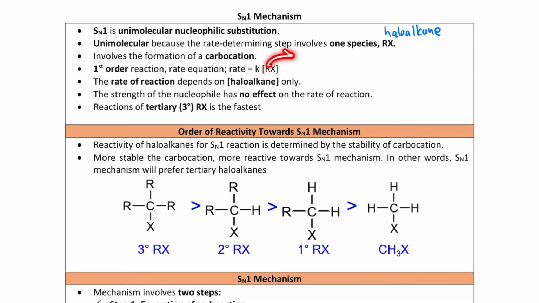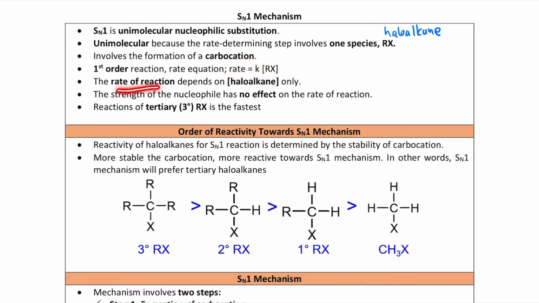RX ni macam tadilah haloalkane. Alright, so maksudnya dekat sini reaction SN1 ni adalah first order. Okay, so ini equation rate law dia. Rate equal to k[haloalkane]^1. Okay, maksudnya dekat sini adalah rate of reaction hanya bergantung kepada concentration haloalkane sahaja.